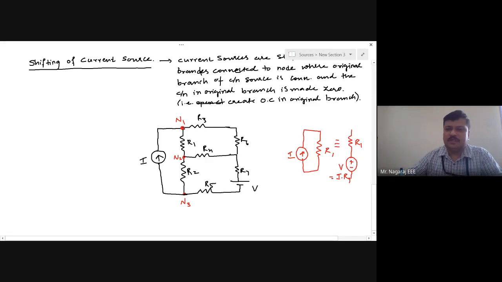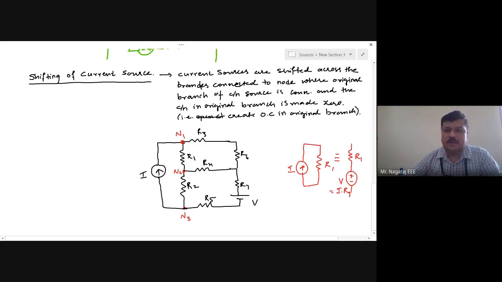So now, as per the statement what I have written here, current sources are shifted across the branches connected to the node where the original branch of the current source is connected. See, the original branch of the current source is connected to node N1 and node N3. Now, current source I has to be shifted across the branches connected to N1 and N3.